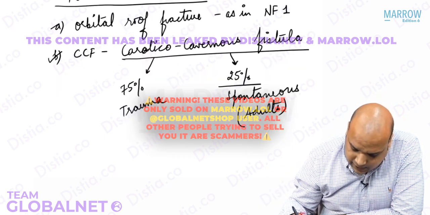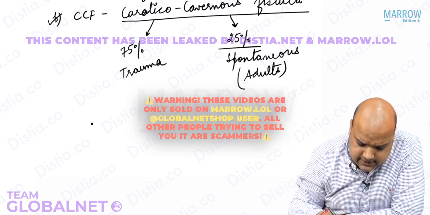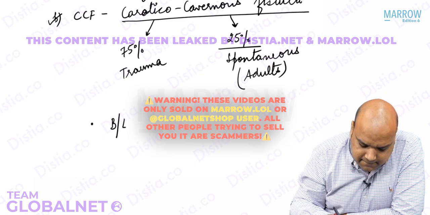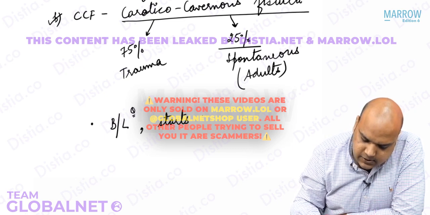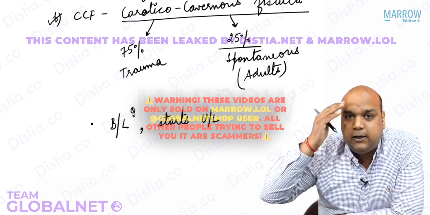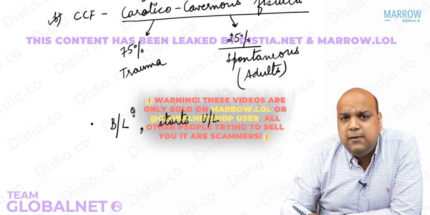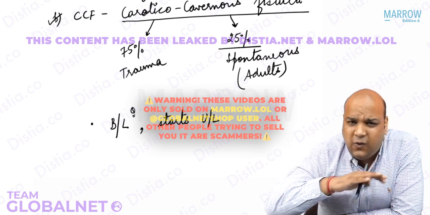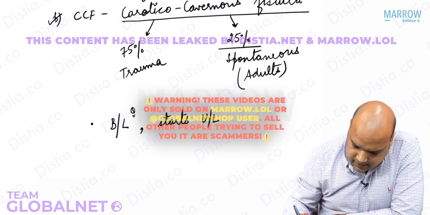Now, along with this, what you should be able to remember about carotico-cavernous fistula is that it is bilateral but starts unilaterally. So it will occur on one side first and then the condition will make it bilateral. But almost always it is bilateral in every case.